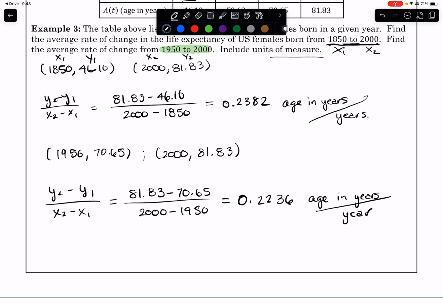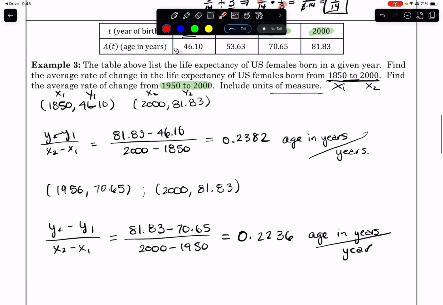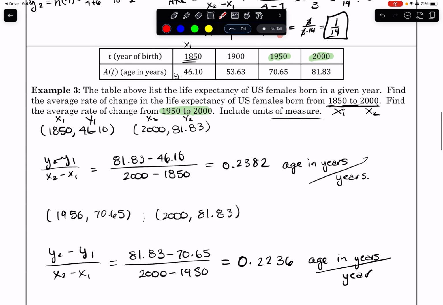And just like the previous rate of change, what this means is that every year that passes, females in the United States born from 1950 on, from that point, are only living 0.22 years longer than a person born the previous year. So if someone's born in 1950, this is how much they're expected to live.